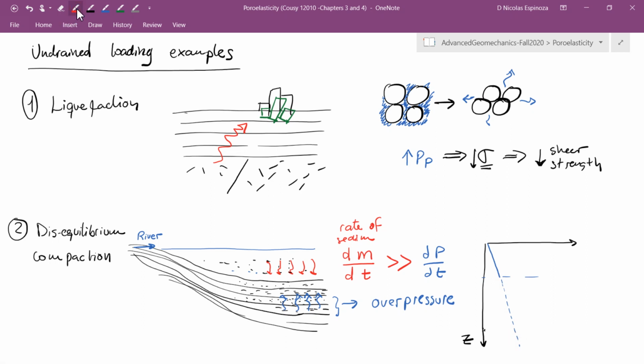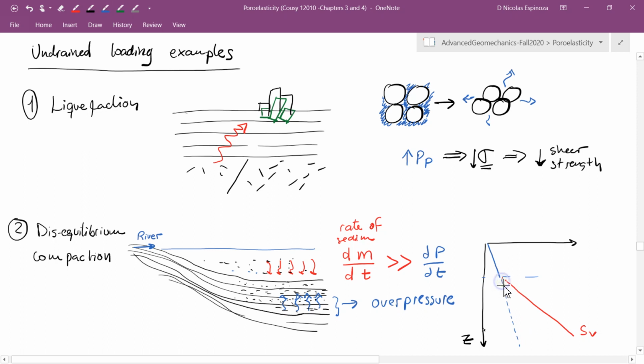We have seen the vertical stress here is going to change slope, and it's going to start increasing faster than the trend of pore pressure. And if I do have this phenomenon of disequilibrium compaction in which the fluid cannot escape from the pore space, the pore pressure is not going to be hydrostatic. It's going to be higher than hydrostatic.